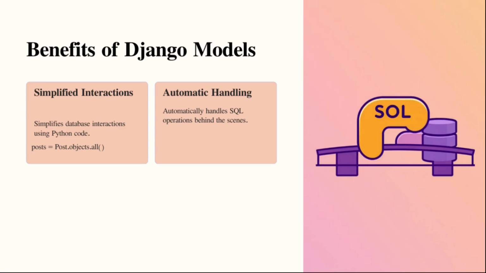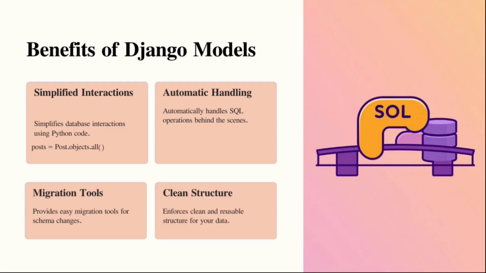Second, it automatically handles SQL operations behind the scenes. Third, Django models automatically handle database schemas through migration. If you add or change fields in your model, Django will apply these updates to the database.